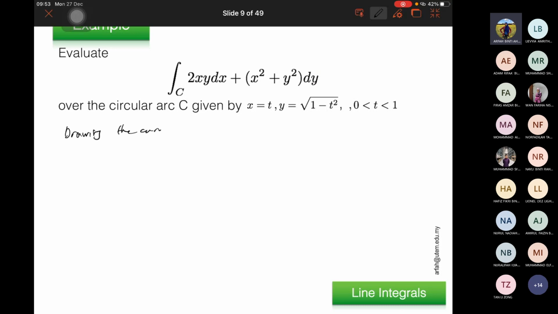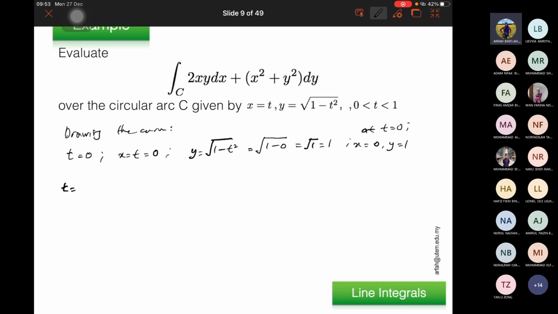Drawing the curve, you are going to have t equal to 0, x will be equal to t, which is 0, y equal to square root of 1 minus t squared, which is square root of 1 minus 0, equal to 1. So at t equal to 0, x equals 0, y equals 1. And another point, t equal to 1, x equal to t, which is 1.